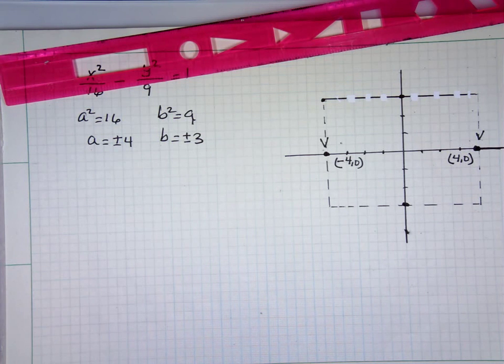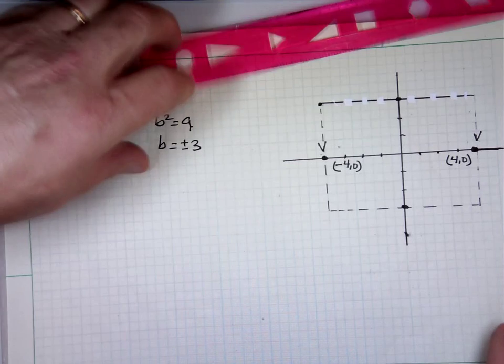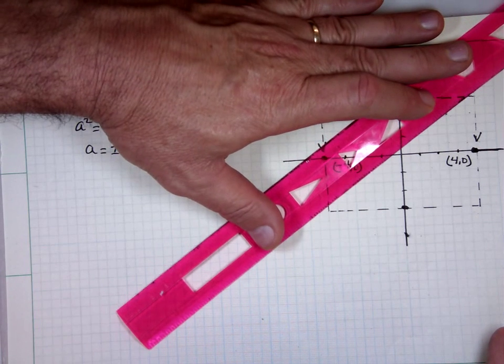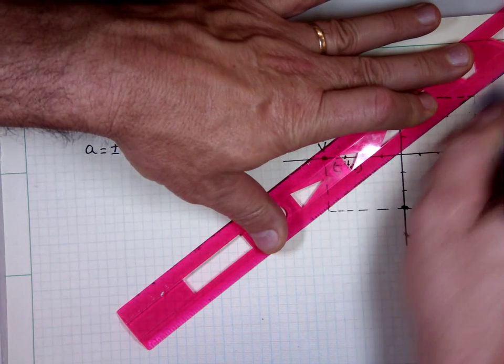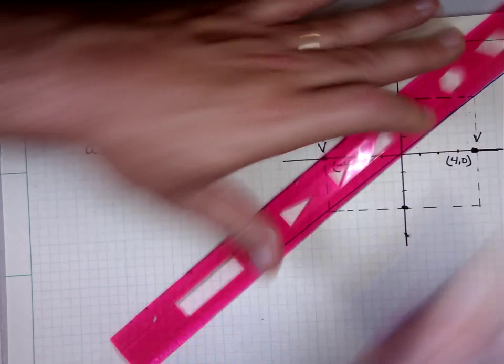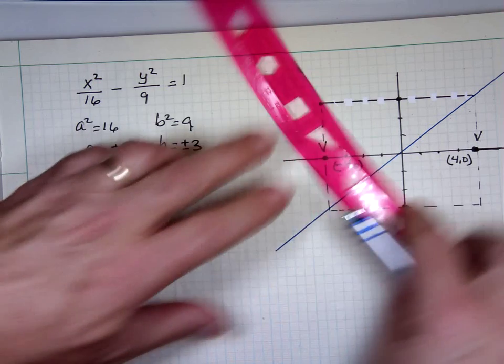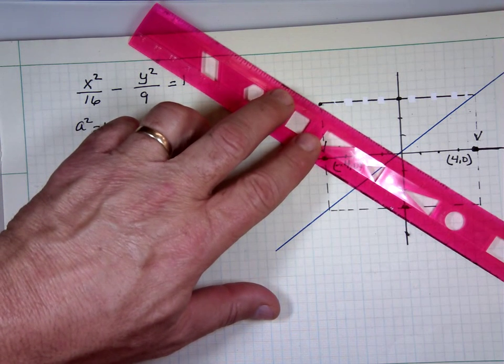Why do we make the box there? Because that's going to help me graph it. How? Let me draw a line from this corner to that corner going through the center. And that's your asymptote. And let me draw a line going through this one.